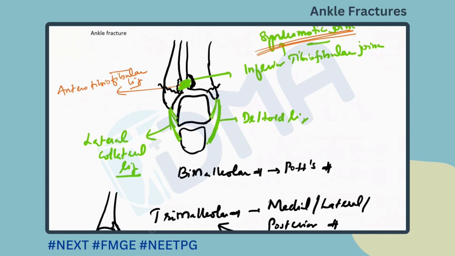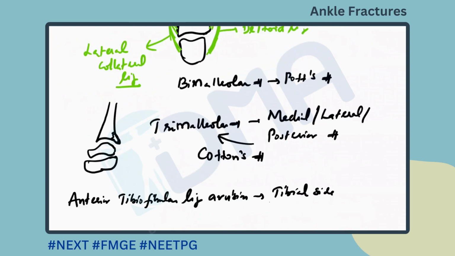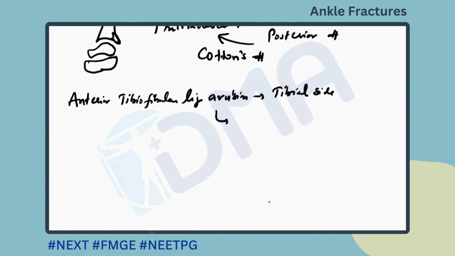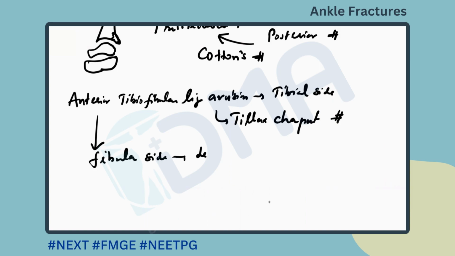When a fracture occurs at this point on the tibia, it is called Tillaux fracture. If the same kind of fracture, the same anterior tibiofibular ligament avulsion, occurs on the fibular side, then it is called Le Fort-Wagstaffe fracture.